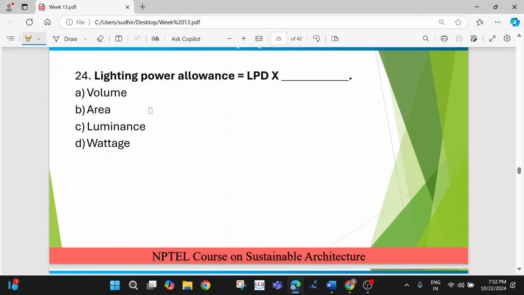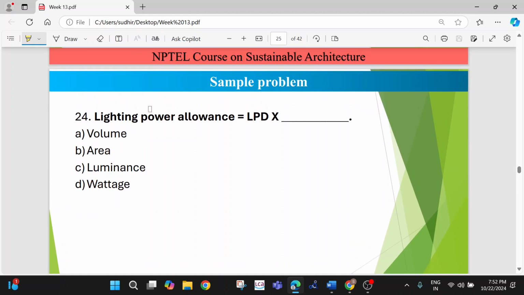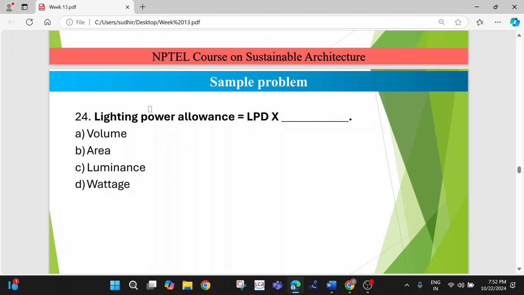Question number 24. This lighting power allowance you will be evaluating by multiplying the lighting power density with which quantity? Volume, area, luminance, or wattage?